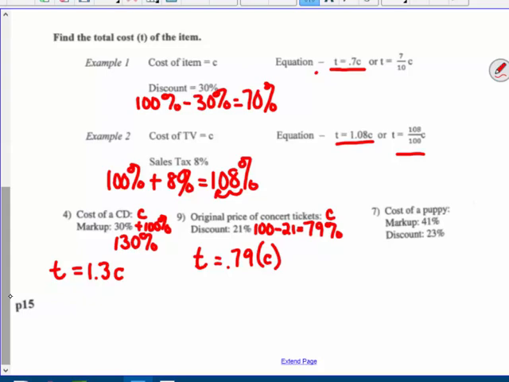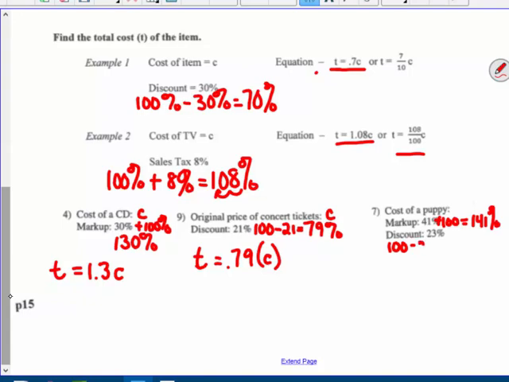The cost of a puppy is marked up by 41%, so 100 plus that 41% would give me 141% for the markup, and a discount of 23%. Well, that's kind of silly. Oh, maybe they marked it up and the puppy was there for a week or so and then they were getting nervous, so then they discounted it by 23%.